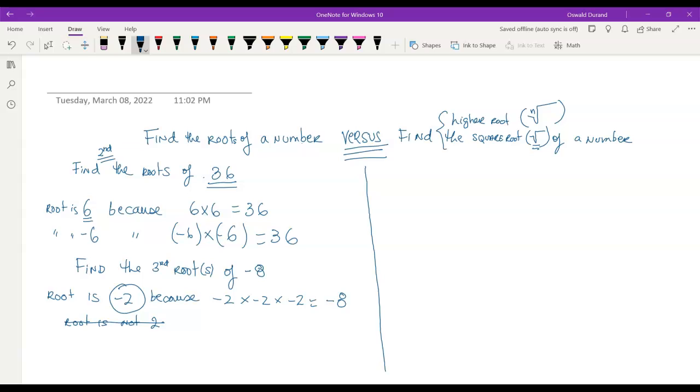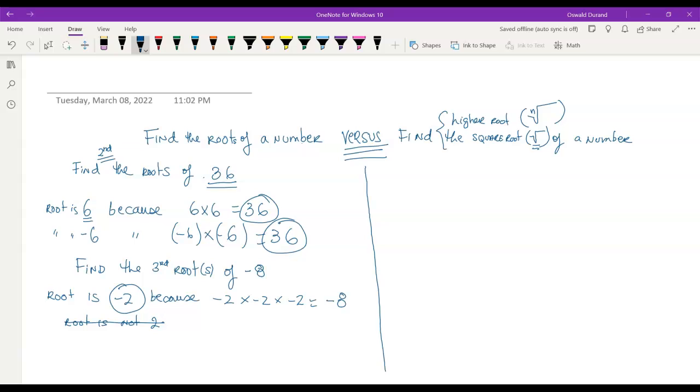But for an even root, or even index, whatever you want to call it, you will have 2 numbers, because when you multiply those 2 values, it will result in a positive number. Okay? And obviously, for a second, fourth, and sixth root, you will never have a negative number, right? You're not going to find the roots of a negative number.